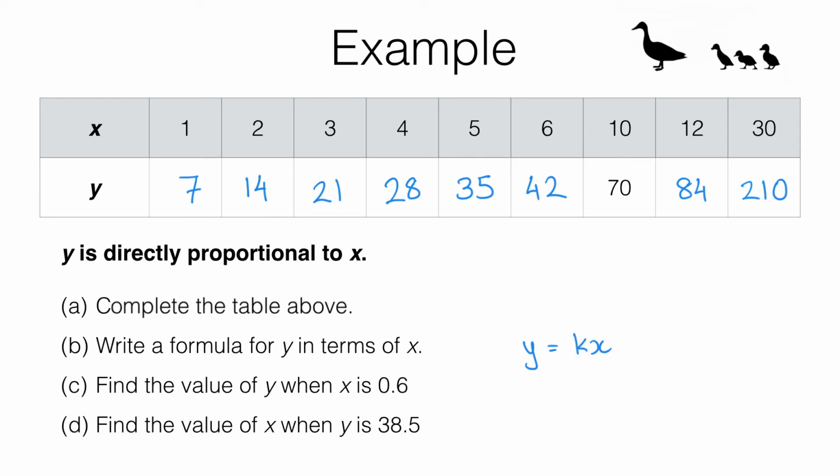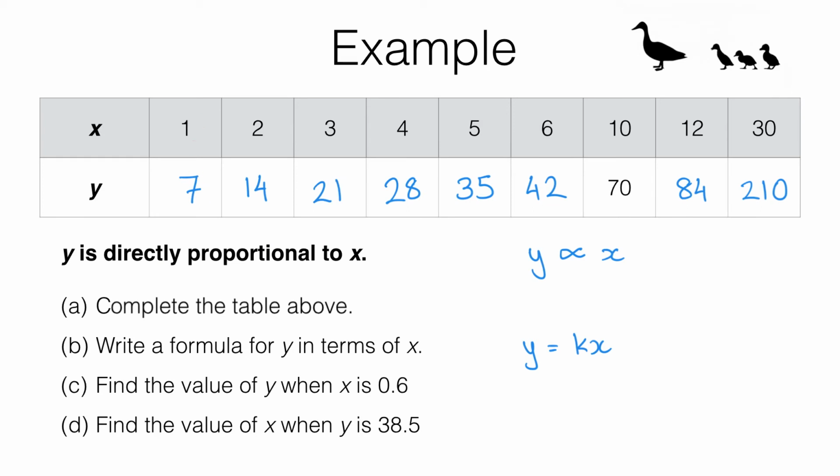By the way, sometimes people write y is directly proportional to x like this. They use a special symbol. Y is directly proportional to x. Anyway, as I said, when y is directly proportional to x, we can write a formula of the form y equals kx. We just need to work out what k is.